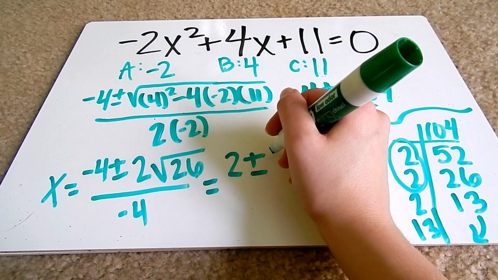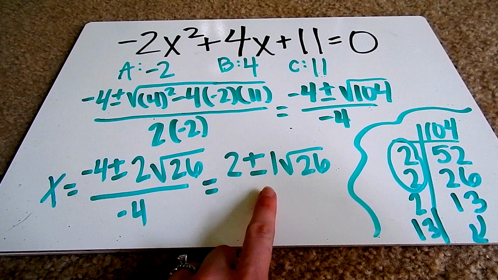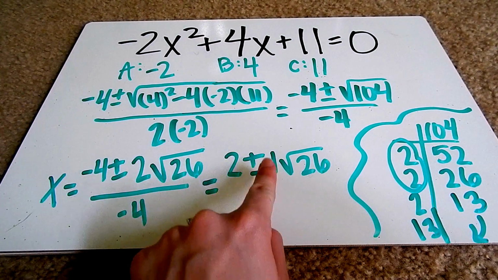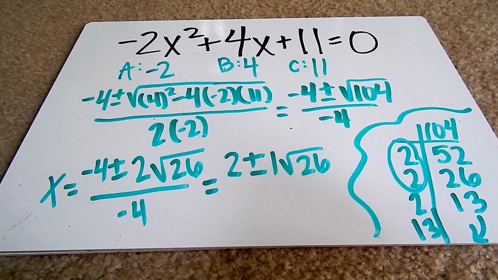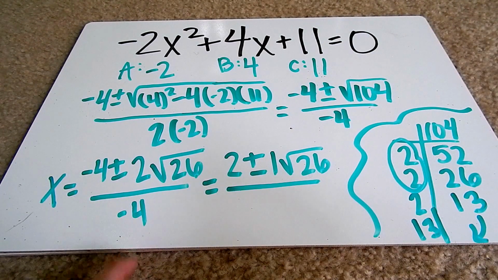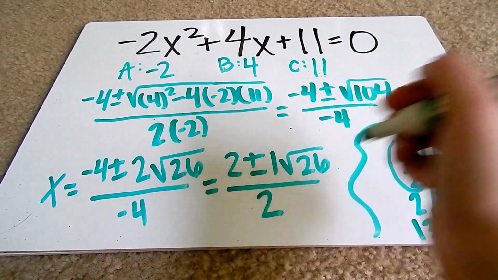Now I just can write 1 and then you rewrite the square root of 26. The reason I wouldn't write -1 here is because it would change the sign in the middle, but since I have both signs, it doesn't matter. On the bottom, -4, divide that by 2, -2, I'm sorry, and you get +2 there.